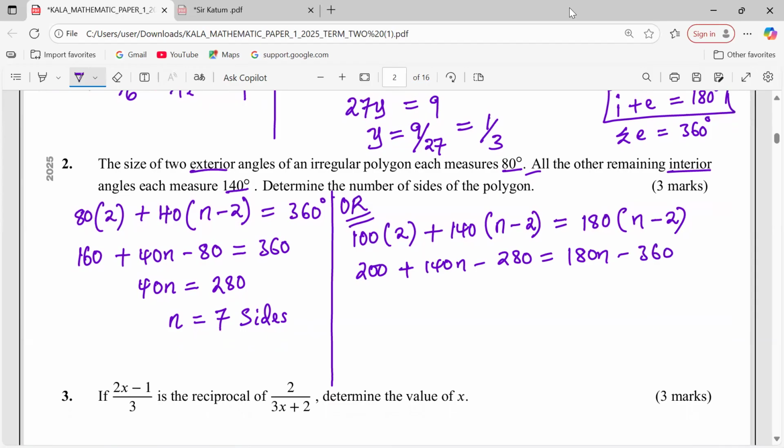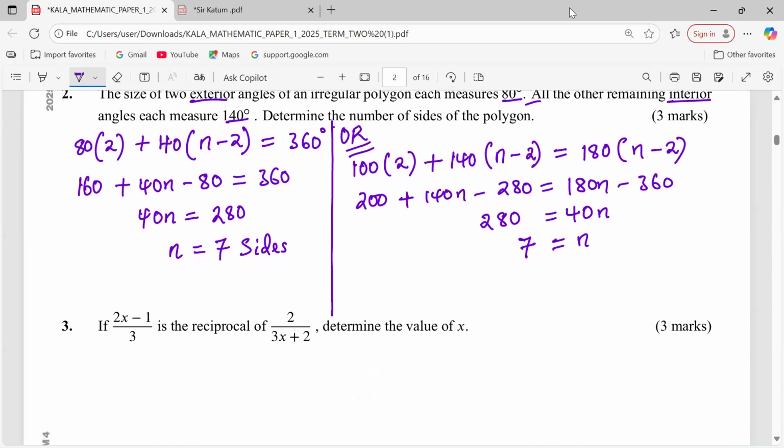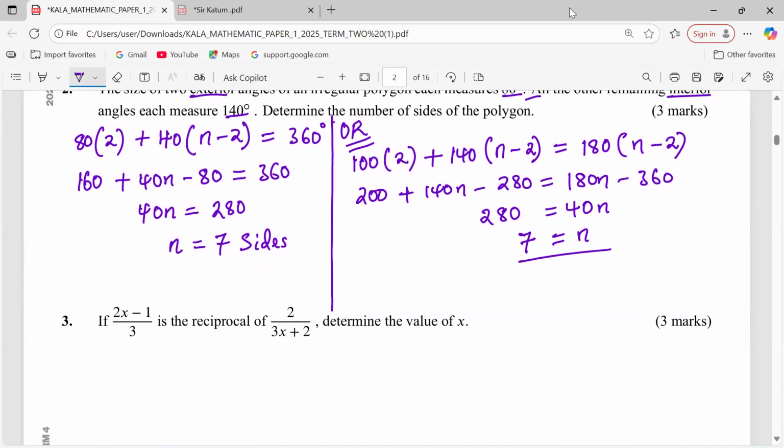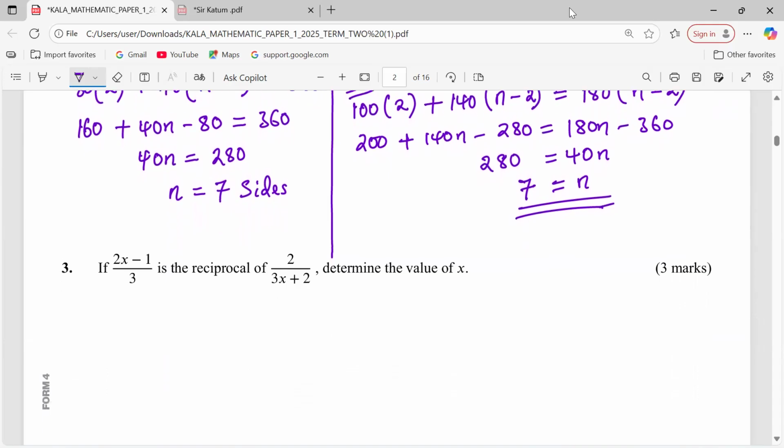Grouping terms, this shall be 40n, 180 minus 140, and here we shall have 280. The value of n shall automatically be 7. So alternatively, we can still get 7 using this approach. Two methods giving us the same solution.